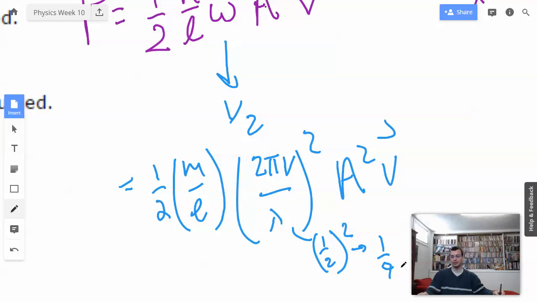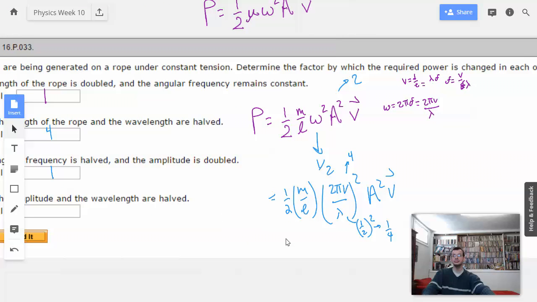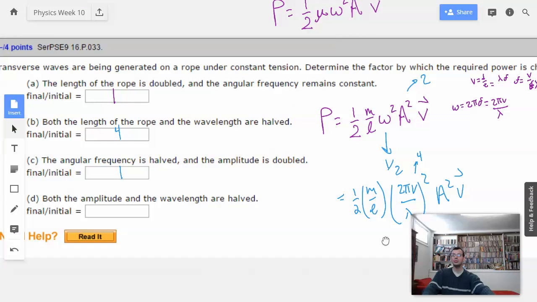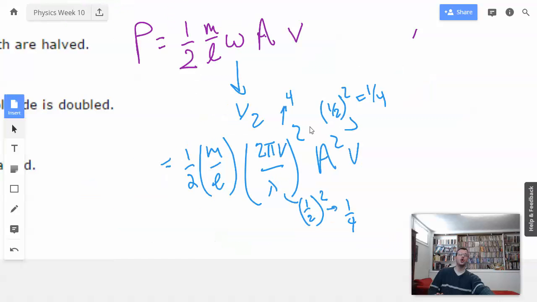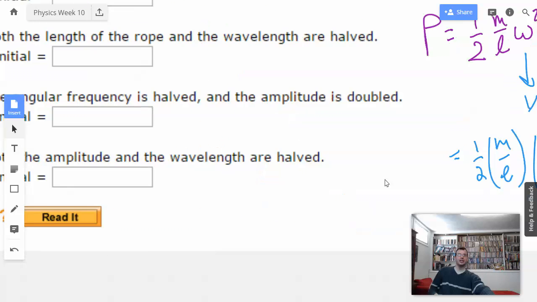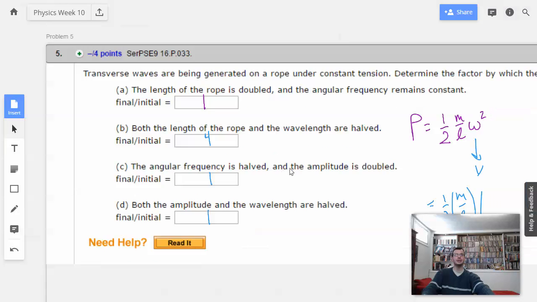So when we divide by 1/4, that's the same as multiplying by 4. And the amplitude is halved, so it's going to be 1/2 squared, which is 1/4. So we're going to have 4 times 1/4. So final divided by initial is going to be 1, so it all cancels out.